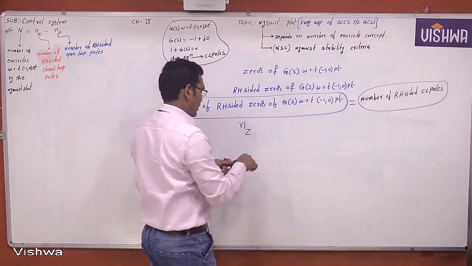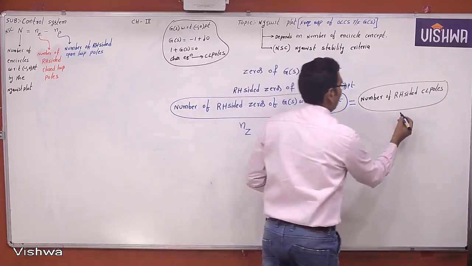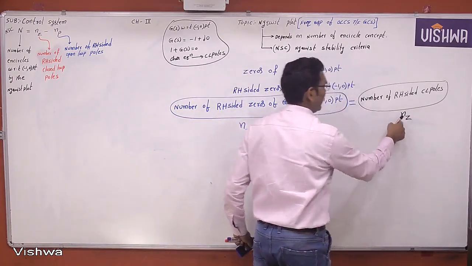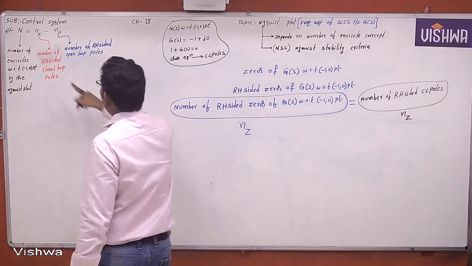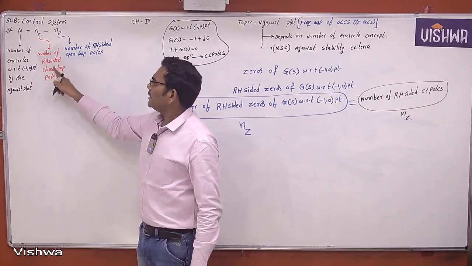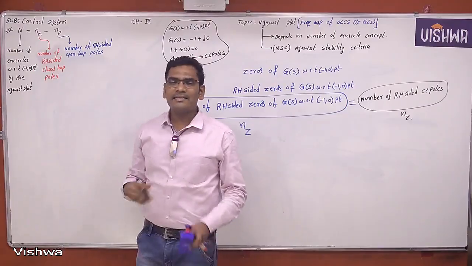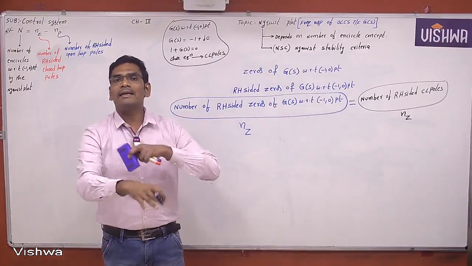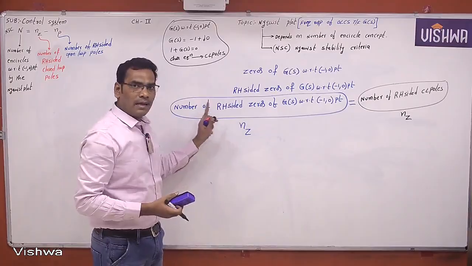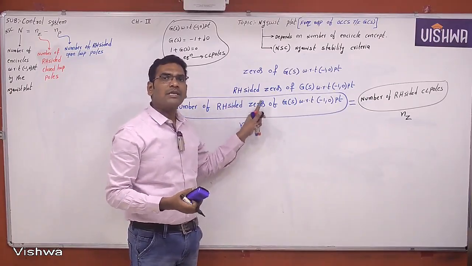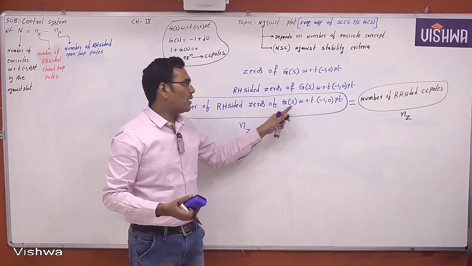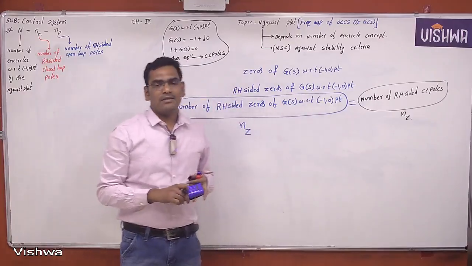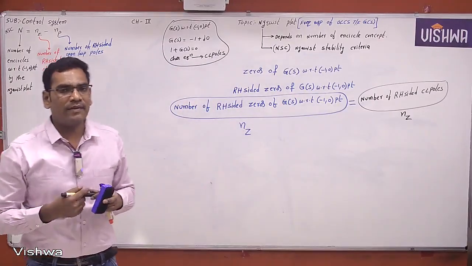That's why this is NZ. That's what I am writing. NZ is nothing but the number of right-hand sided closed loop poles. That is an easy definition. The internal definition is the number of right-hand sided zeros in the open loop transfer function, but with respect to the -1, 0 point. Understand, students? This is a very, very important definition.